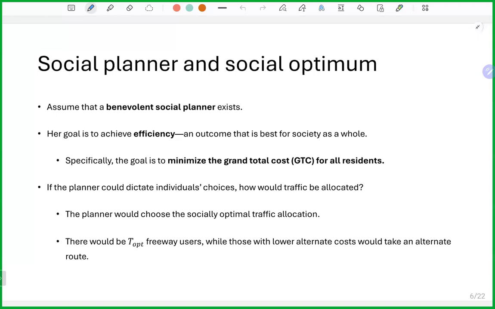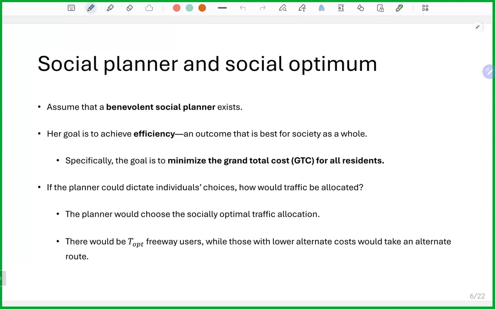They are allocated to the freeway, because their alternate costs are higher. And then from the next person up to the last person, they are allocated to the alternate route. That's what the social planner would dictate, and we assume that he is able to do so.